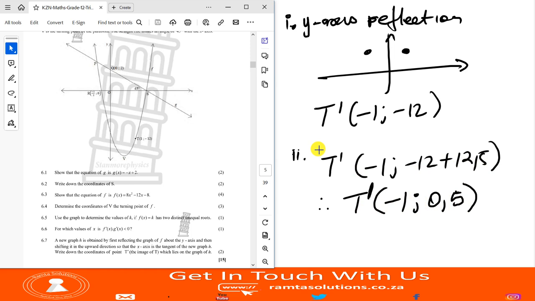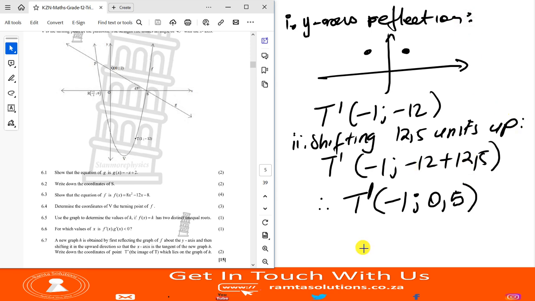Remember, this one is shifting. I should have mentioned that. So the second part is shifting 12.5 units up. Okay, 12.5 units up. And this is what happens. Therefore, t prime becomes this.